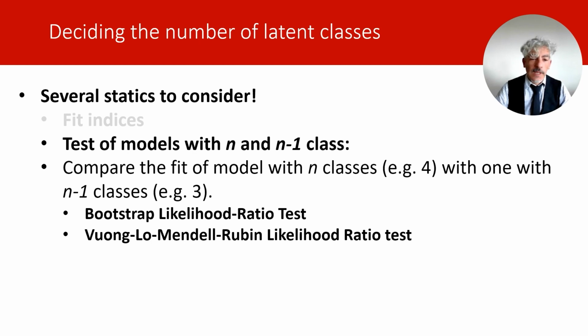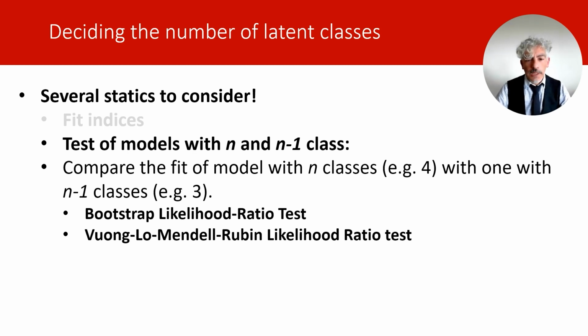These tests basically compare the fit of a model with n classes, for example 4, against the fit of a model with one less class, 3 in this example. If the test has a p-value below 0.05, we should reject the null hypothesis that the model with n classes provides the same fit as the model with one less class, which means that we would accept a model with 4 classes if the p-value of this test is less than 0.05.